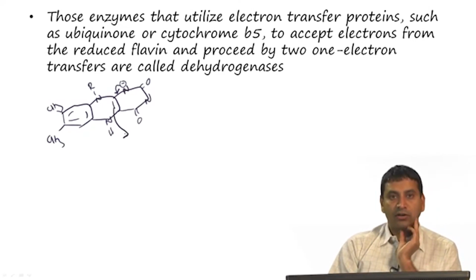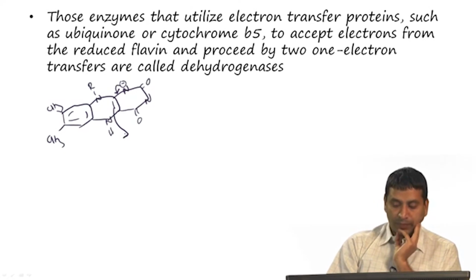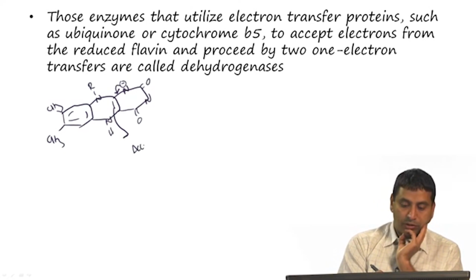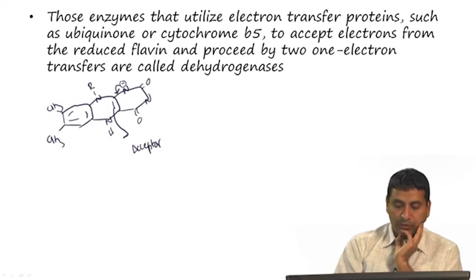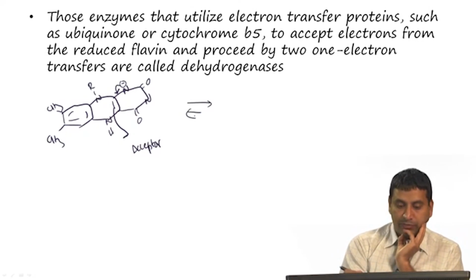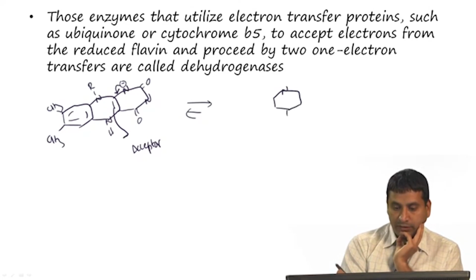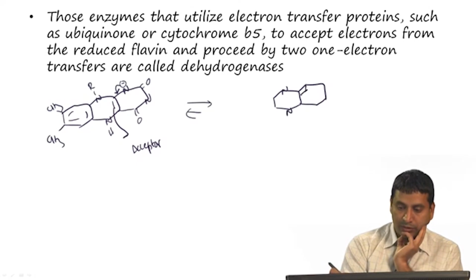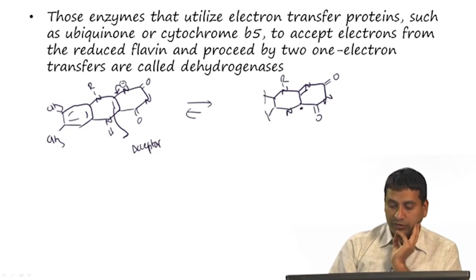So, when we are looking at a single electron, we always draw a fish hook arrow, and this is going to be donated to some acceptor molecule, and the second species that is going to be produced is N. So, if you draw the arrows, you have a double bond over here with N, and then there is C double bond O, N, C double bond O, and this carbon actually ends up with a radical. The rest of the molecule is the same, and there is an NH popping out here.